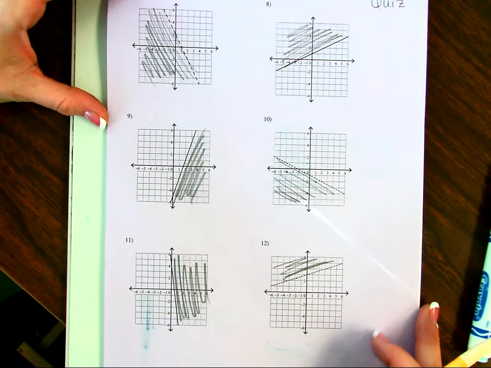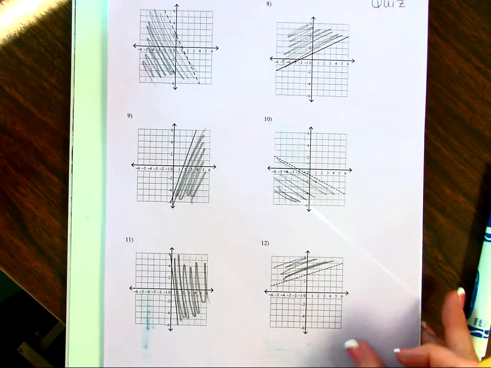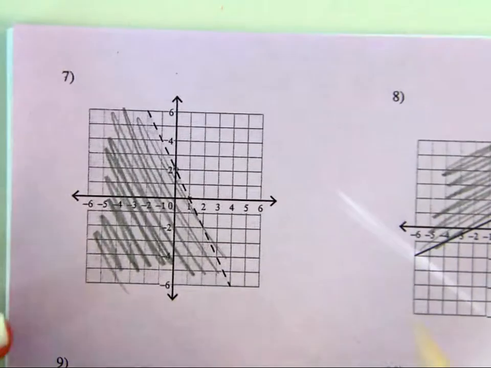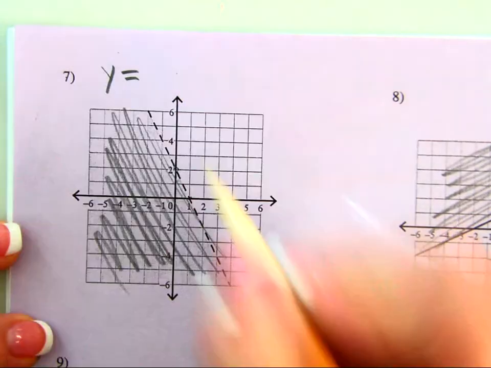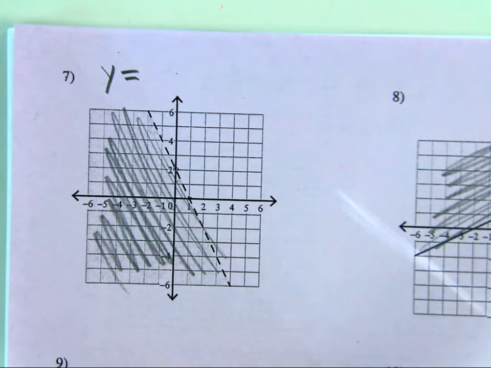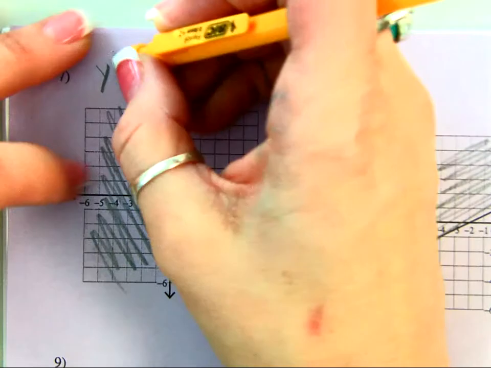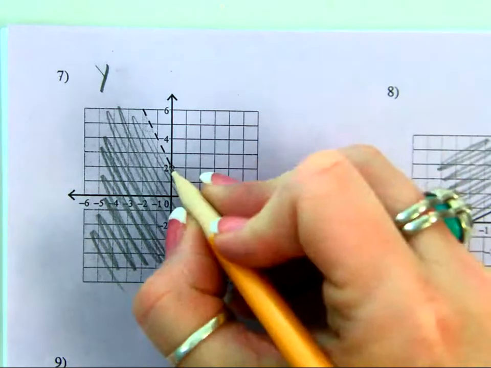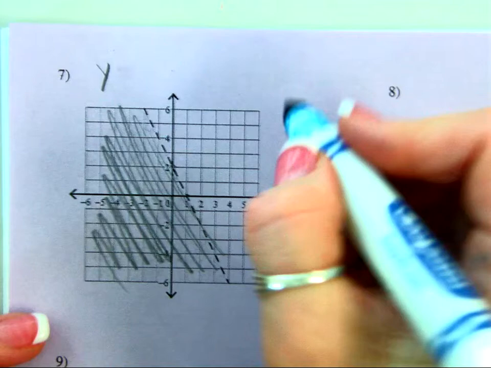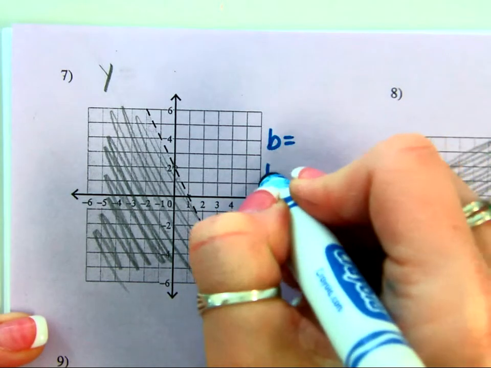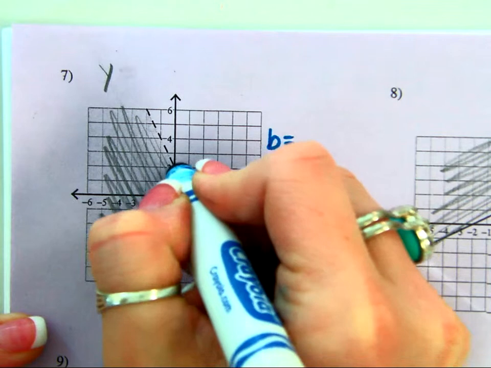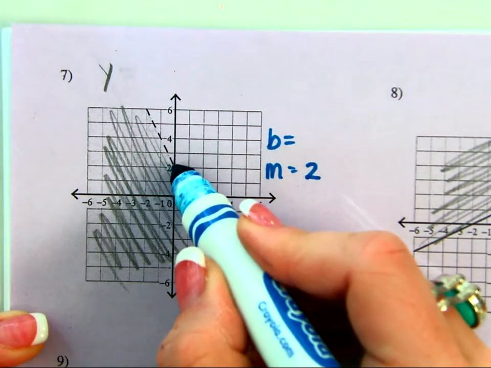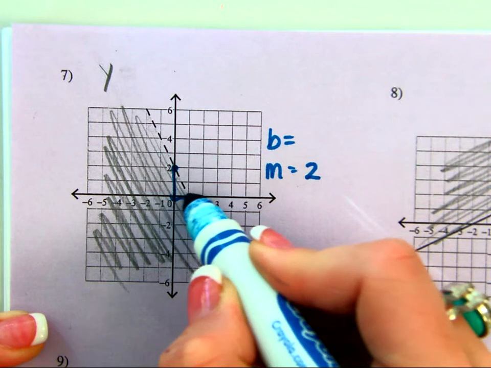So let's take a look at number 7. Normally, I go y equals, and then I put my slope and my y-intercept. It's not going to work this time. So identify your m and your b. Where do you begin? Where do you move? You begin at 2, and you move down 2 over 1.